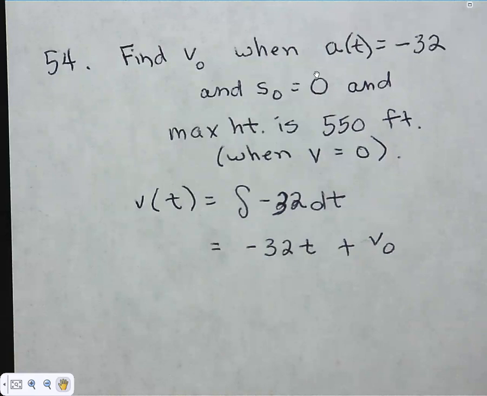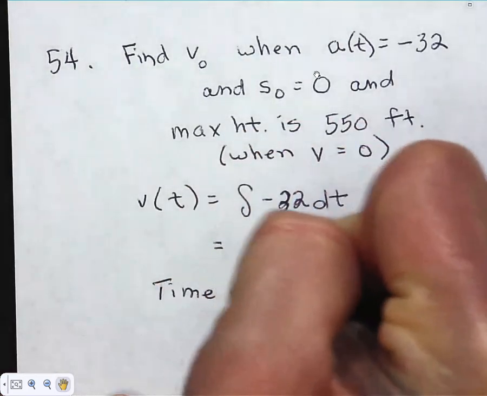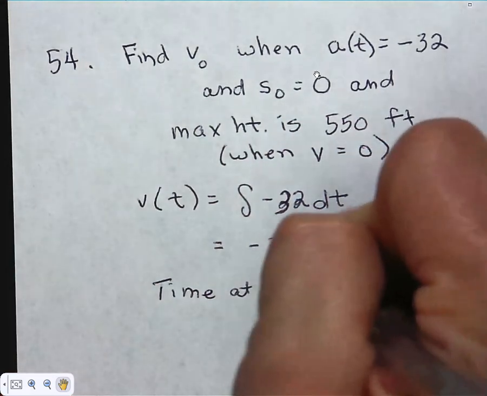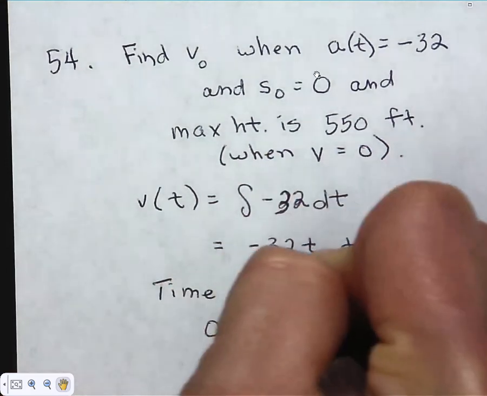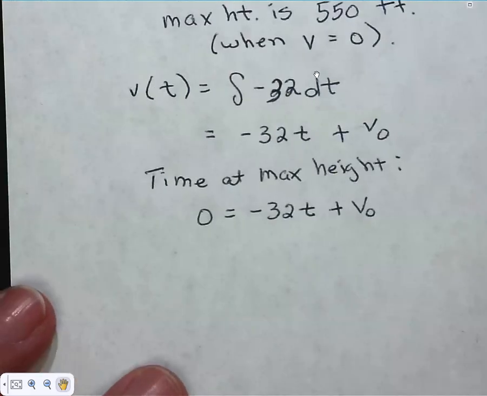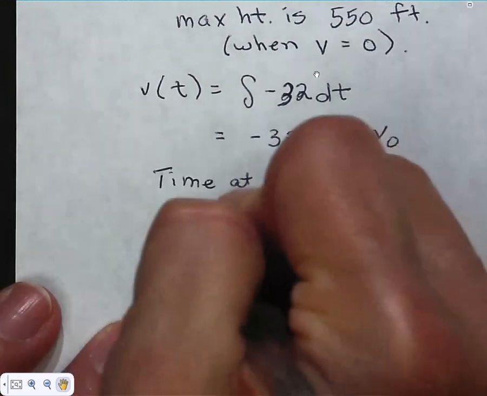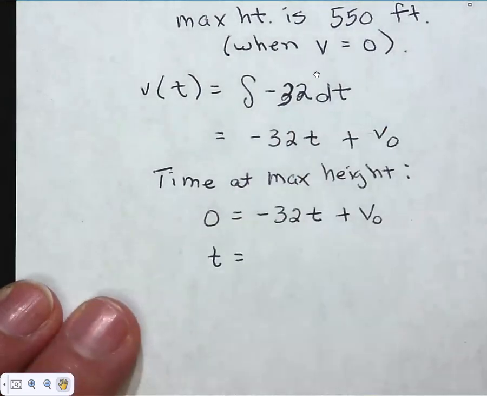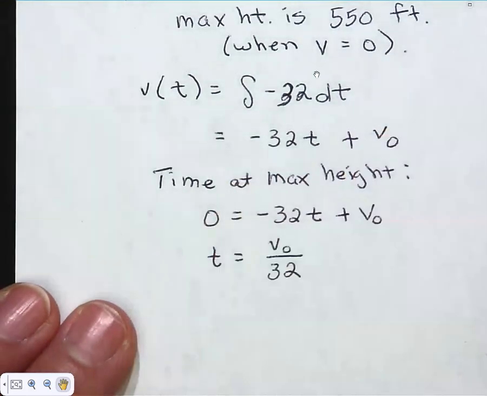So I can find the time at max height, but I'm just going to get an expression, because the velocity is 0 at max height. t would be the initial velocity divided by 32.